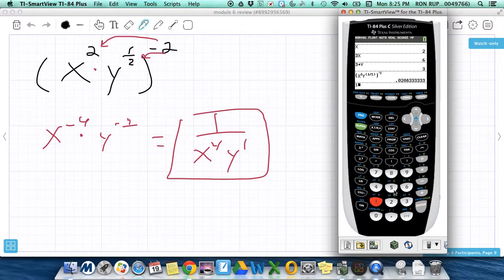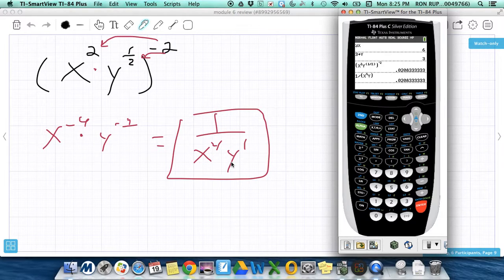Let's try it. 1 divided by parentheses x to the 4th y. Look at that, exact same answer. So that's how you know that you can check on the calculator portion if you've done your simplifying right, even if there's an x and a y in there.